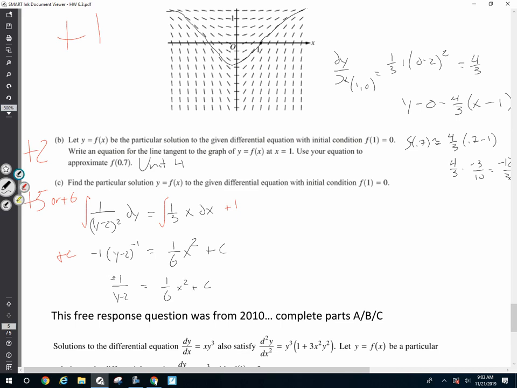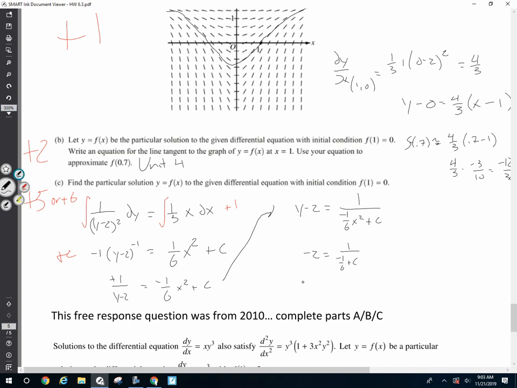I'll take the opposite of both sides. I don't need it on the c. I'll then flip both sides. Let's just use the point now, 1, 0. Negative 2 equals 1 over negative 1/6 plus c.